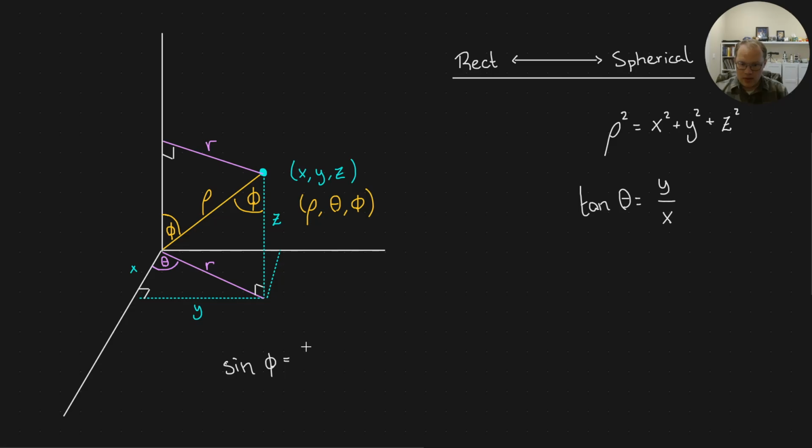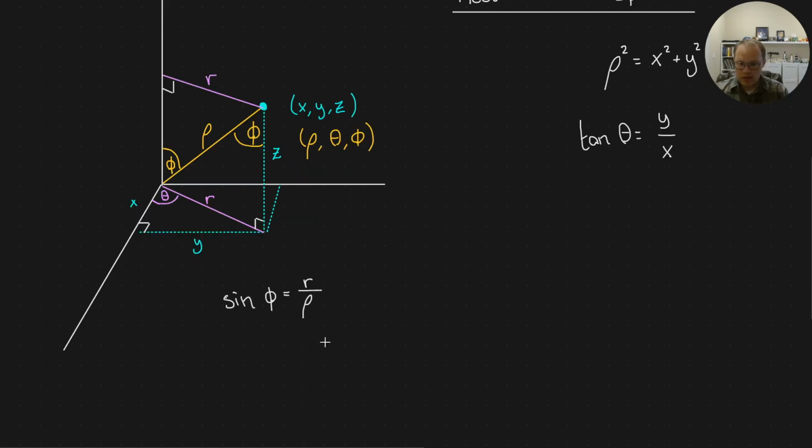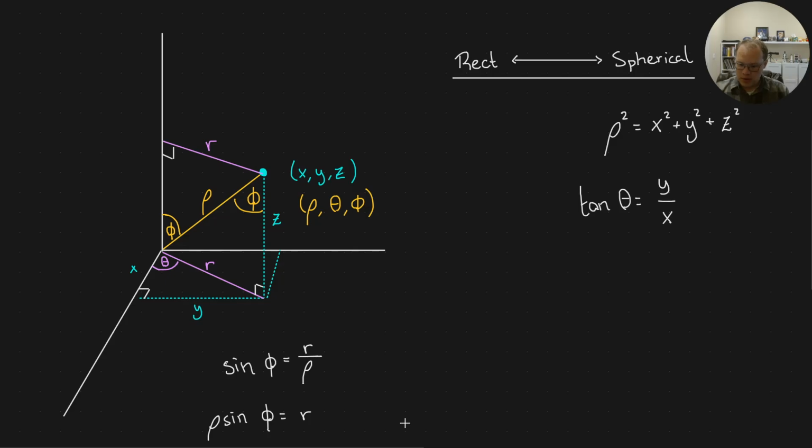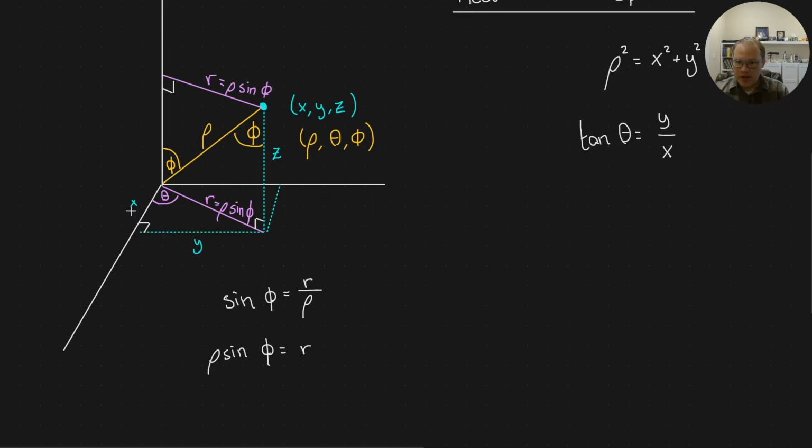Sine of phi equals r over rho. Okay, which means rho sine phi is equal to r. Okay. So now we know this r is rho sine phi. And now we could use that to figure out x, y, and z.